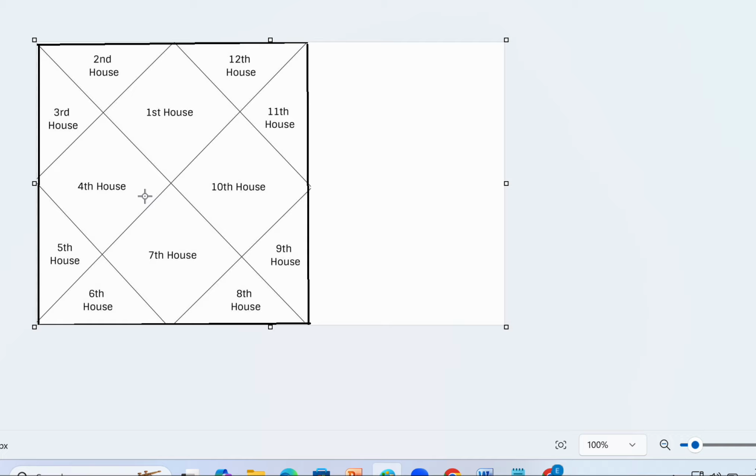So for this particular chart, I will say Venus and Saturn are functional benefics. There are two things: natural benefics and functional benefics, or temporary benefics and temporary malefics. Come again, sir. You said that Saturn and Venus for ascendant of Mars.